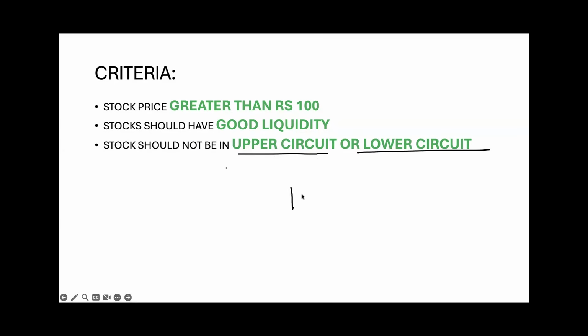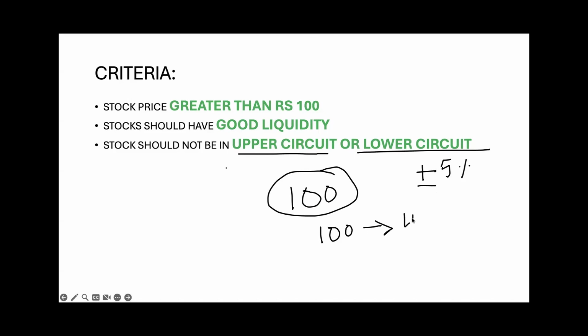Suppose a stock is trading at 100 rupees and it has a circuit of 5%. That means when it becomes 105, the stock will go into the upper circuit, or if it falls from 100 to 95, it goes into the lower circuit.